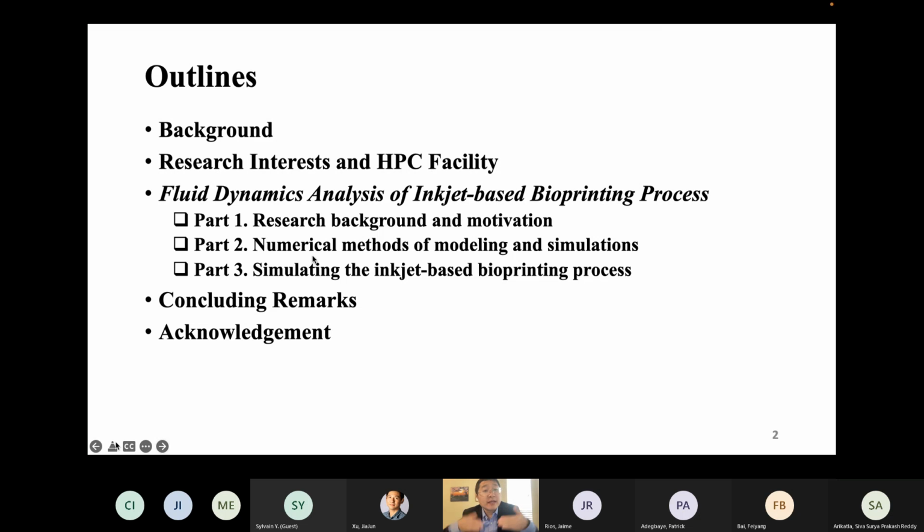And my approach is mainly from numerical methods. Second, I will do the introduction and some analysis of how we did the work. And then eventually we see the results and the conclusions. So basically that is the main structure of today's talk.